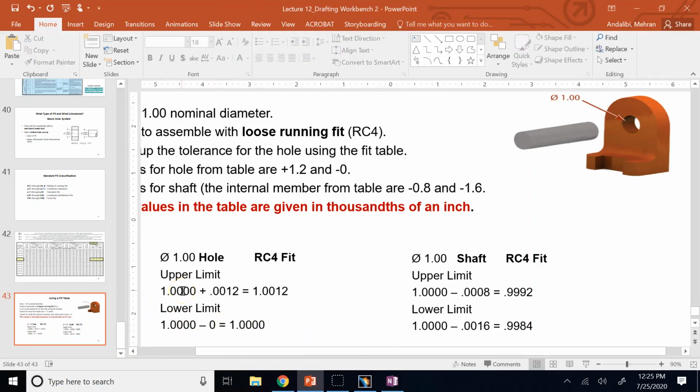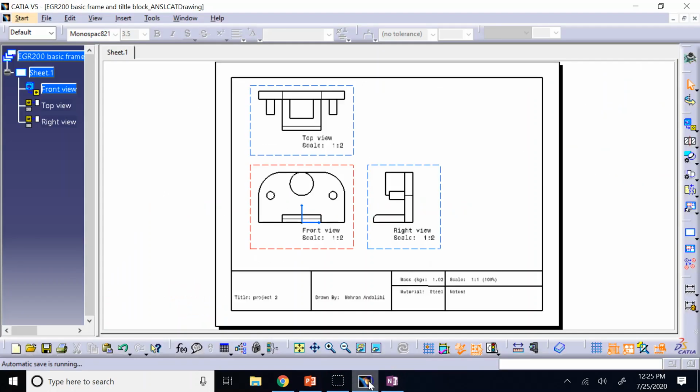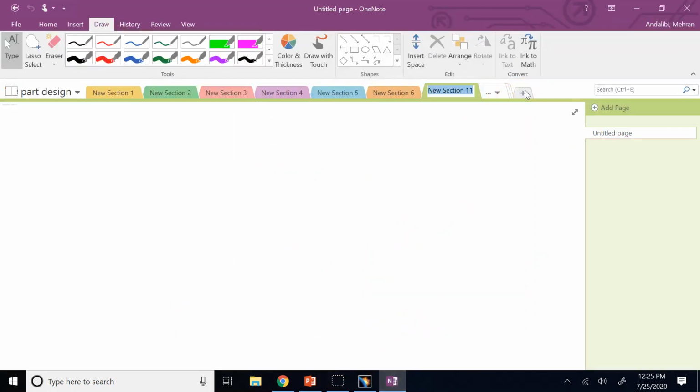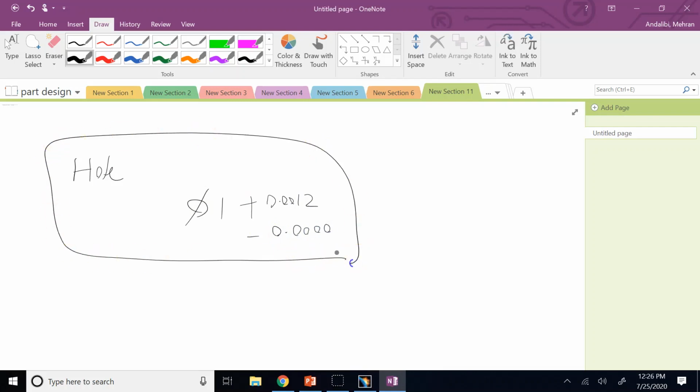So your tolerance, if you want to show it with the plus and minus way, for the hole, the diameter is 1 plus this number and minus this number. This is how you show the diameter of the hole.